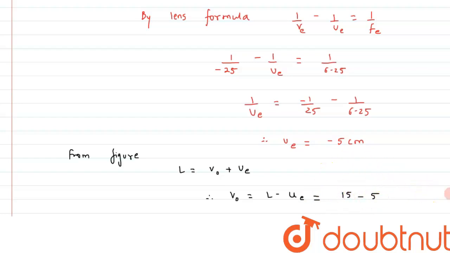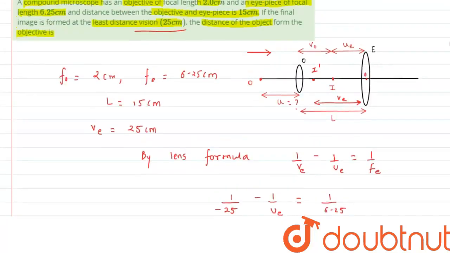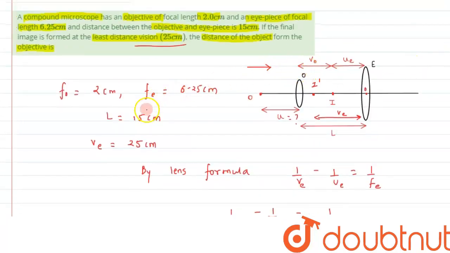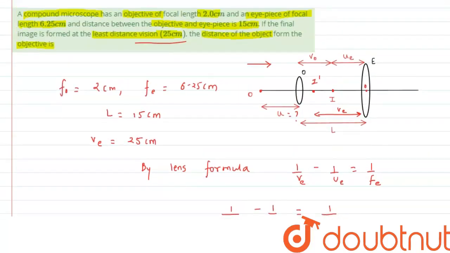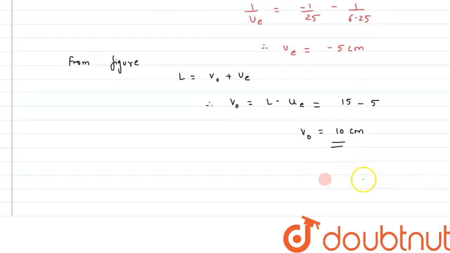We have to be careful, we are not using the negative sign over here, because the negative sign indicates direction, and we are finding the value of magnitude. Alright, so V naught we get is 10 centimeters. As we have calculated the value of V naught, and we have F naught with us, we can easily calculate the value of U naught, which is the desired result.